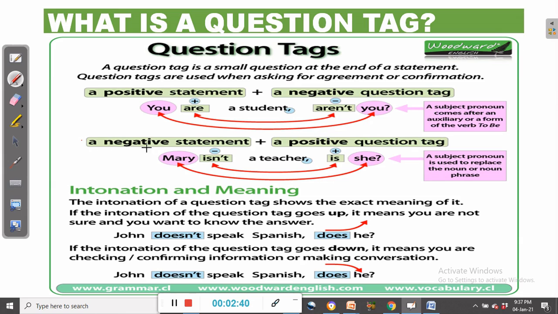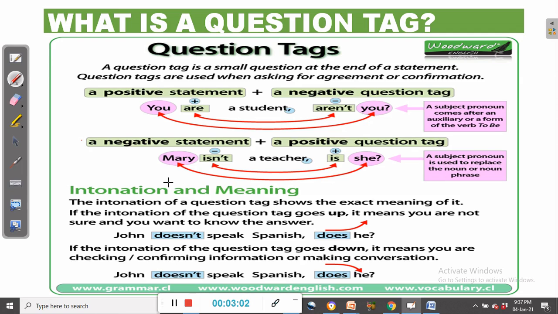Then we can have a negative statement plus a positive question tag. Mary isn't a teacher, is she? And here we have a subject pronoun being used to replace the noun or noun phrase.